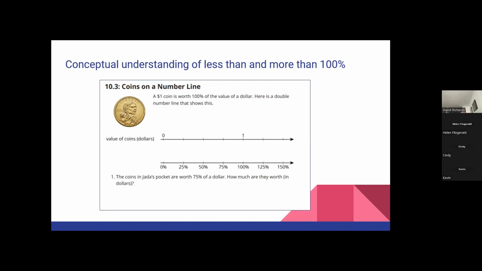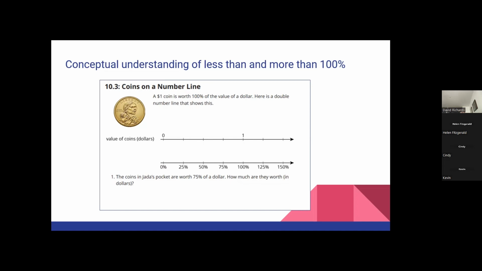This first number line always gives students pause because they know there's more than one, but they're not always sure what it means to be less than one. And then percentages, here we're asking, the coins in Jada's pocket are worth 75% of a dollar. How much are they worth in dollars?